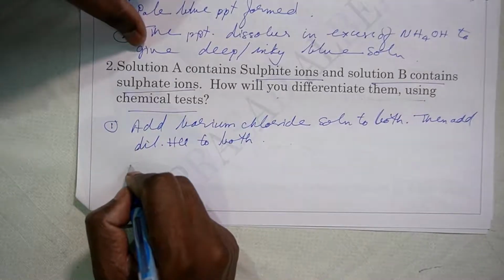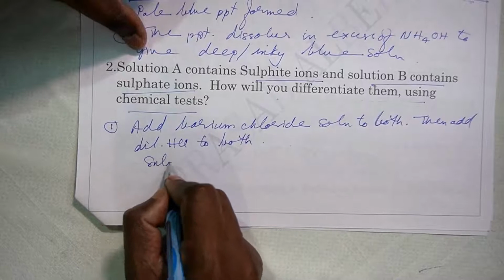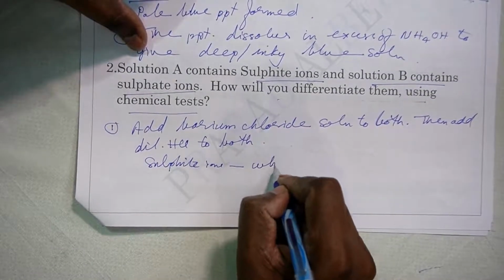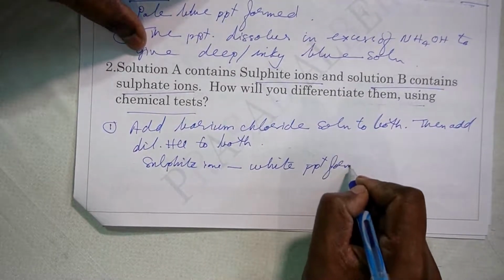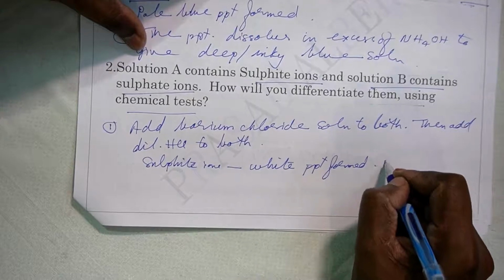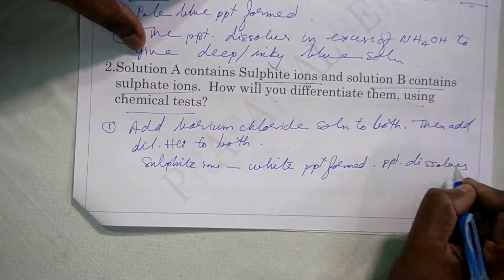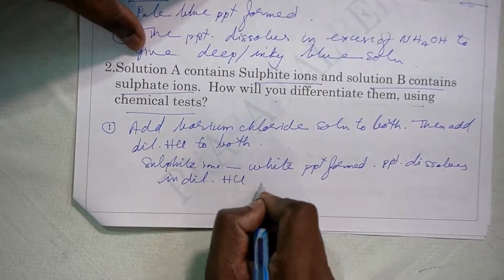Now, what is the observation on the first one? That is sulfite ions. If it is sulfite ions, what will happen? It will give white PPT. White PPT formed. Then the PPT dissolves in dilute HCl. Okay.